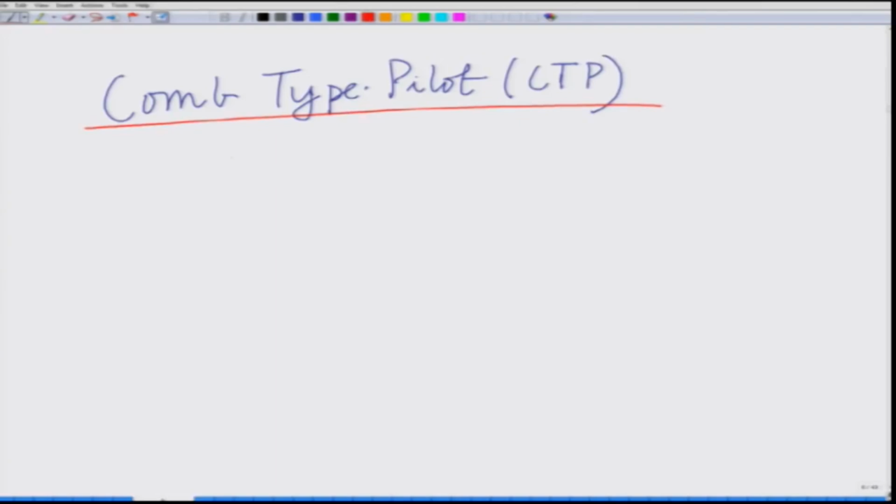This is your comb type pilot for OFDM, or orthogonal frequency division multiplexing.